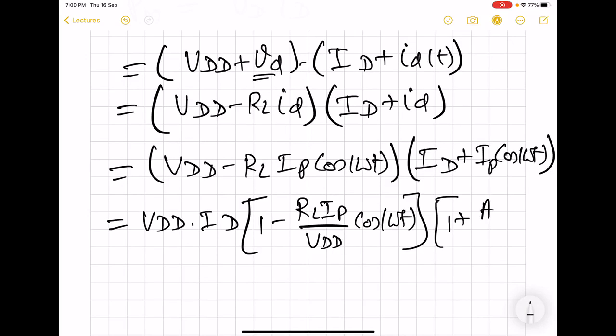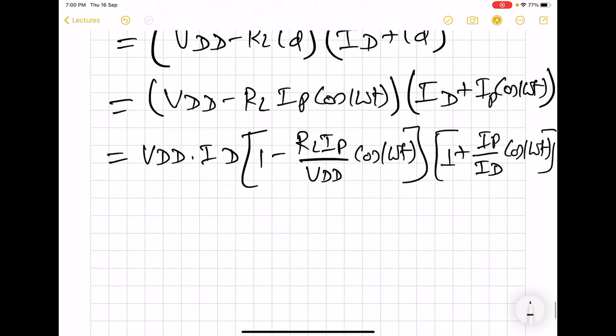A is the amplitude of the input. So in general, this is going to be the power dissipated in the MOS.